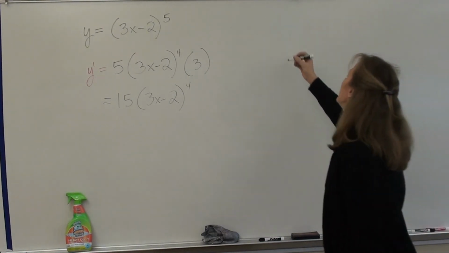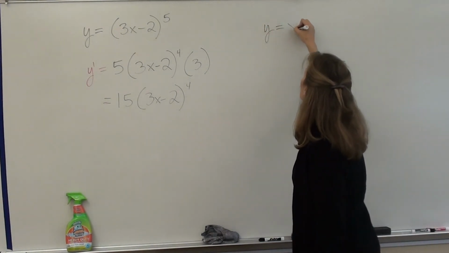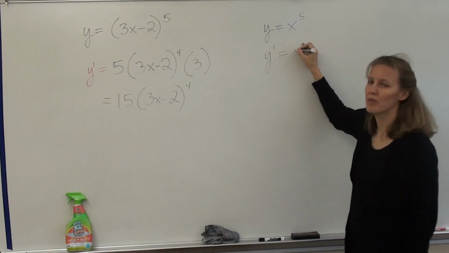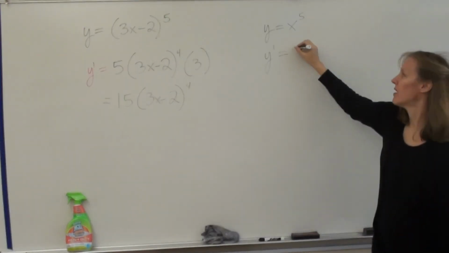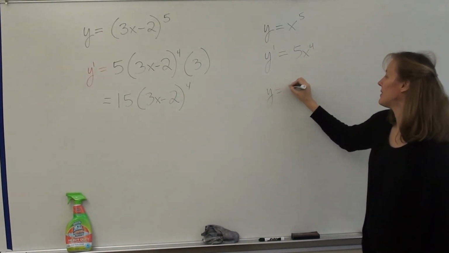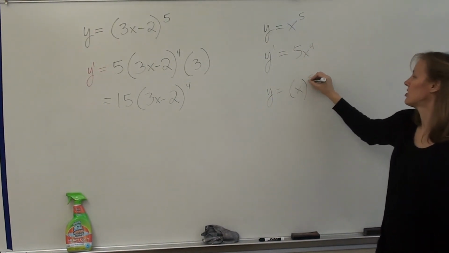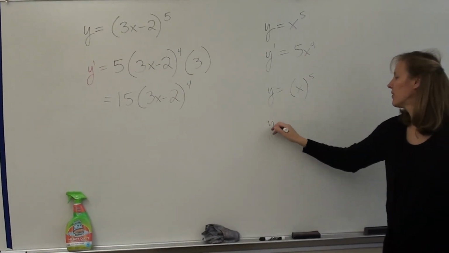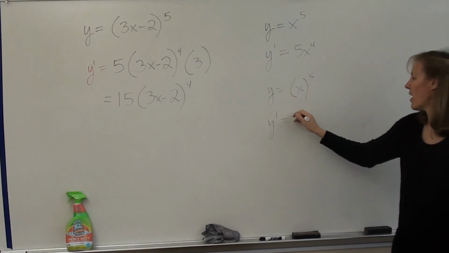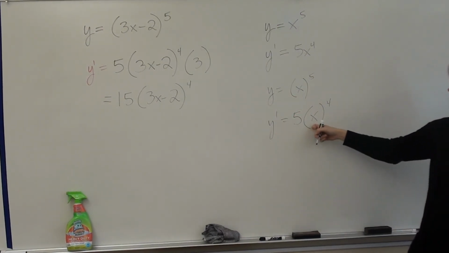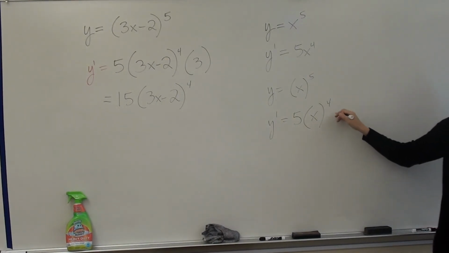If you did y equals x to the 5th, and you did your y prime, what's the derivative of x to the 5th? 5x to the 4th, right? Well, if I thought of y as x to the 5th and applied chain rule, I would get 5, my input stays the same, times the derivative, which is 1.